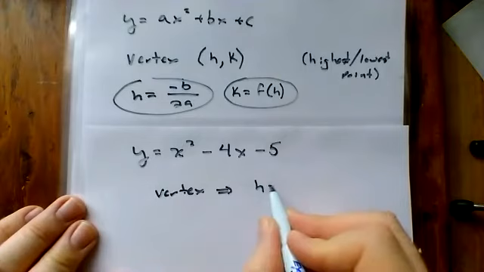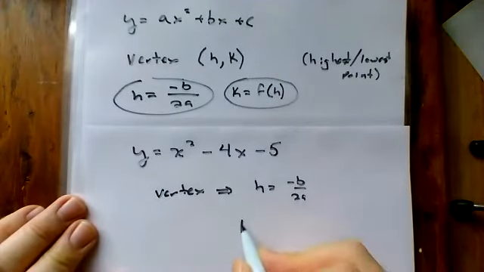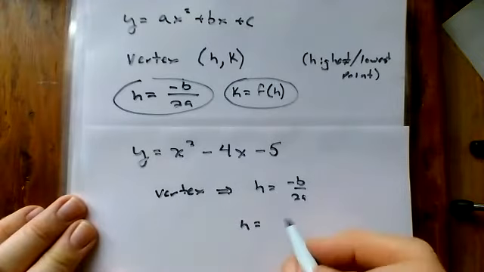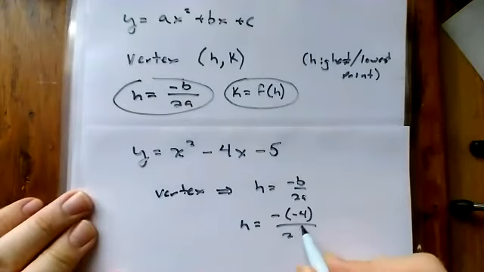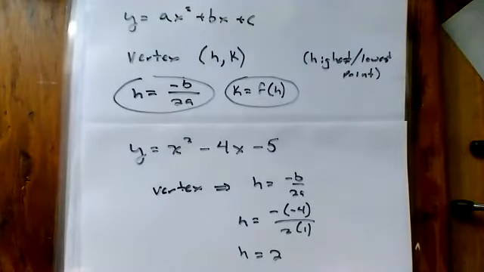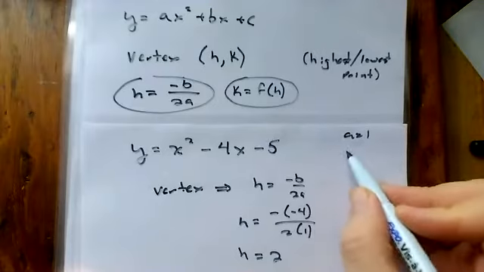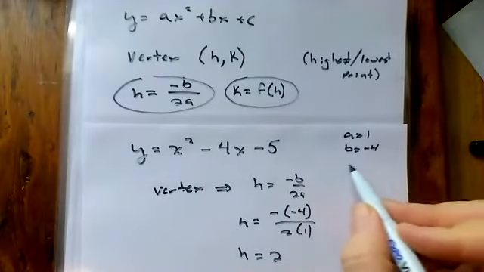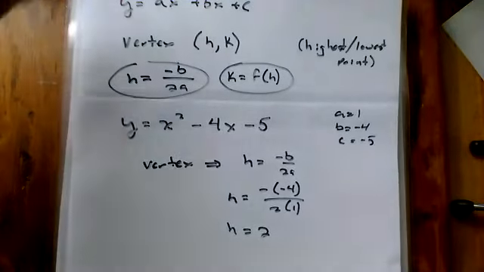Let's find the h value. That's, like I said, negative b over 2a. So the x value of that is going to be negative 4 over 2 times 1. So my h value is going to be 2, because here I've got a equals 1, b equals negative 4, c equals negative 5.